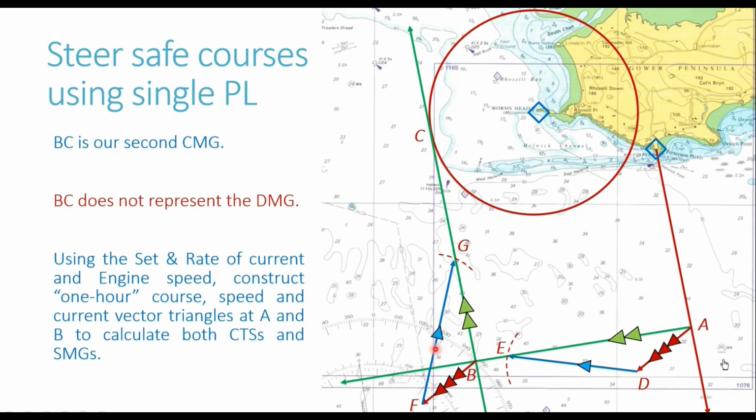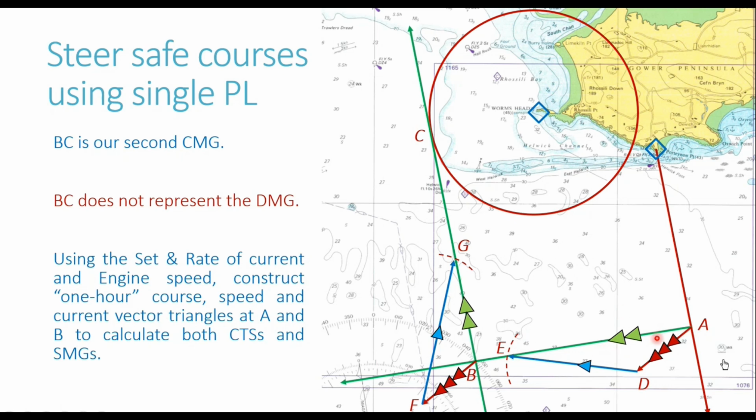So I have marked it with a single arrow, course to steer is marked with single arrow. So if you see the second triangle, Bravo, Foxtrot, Golf, this is the course, speed, and current vector triangle at point B. So we know both the courses to steer, and we can also find out the speed made good on both the legs.